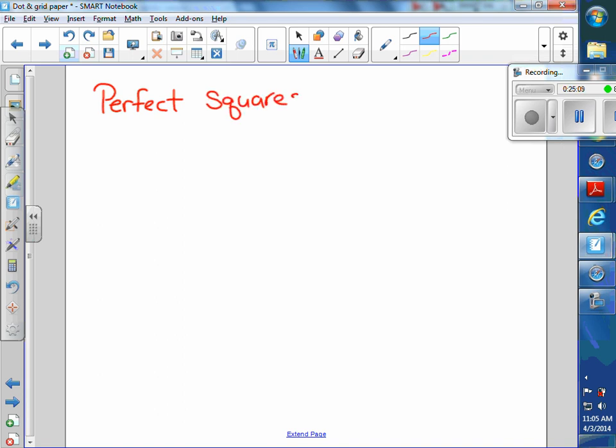So the perfect squares are 1, because 1 times 1 is 1. The next one comes from 2 times 2, so the perfect square is 4. These are the perfect squares, and this is the dimension of the square. So this would be 9. The next one, 16. No, wait, 16 came from 4 by 4, right?